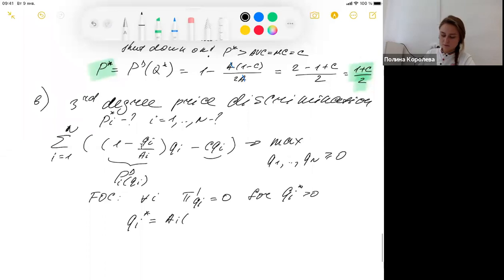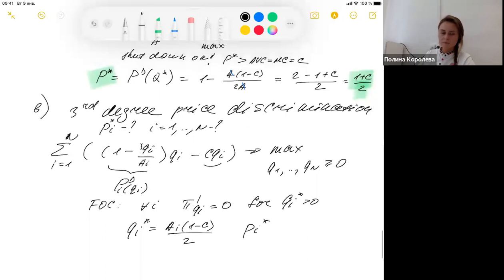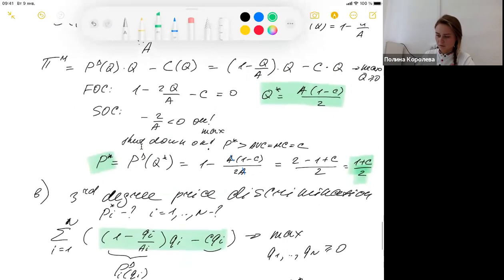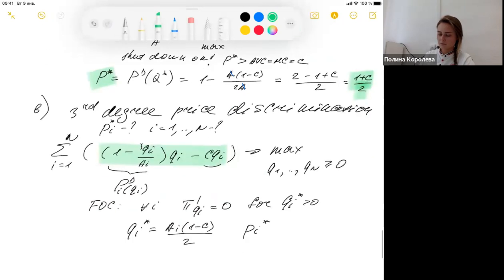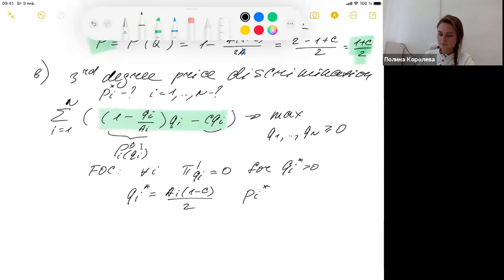So QI is AI (1 minus C) over 2, and the price for each consumer is the same as in point A, because you see same profit. I'll show this one. Yes, same profit. So same answers, but here with index. So the price will be (1 plus C) over 2 for each consumer.